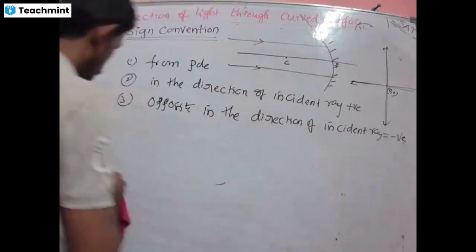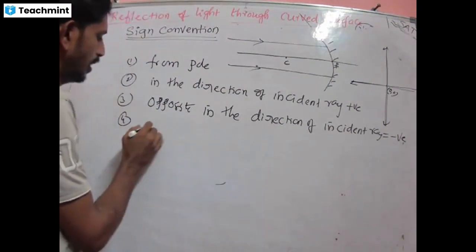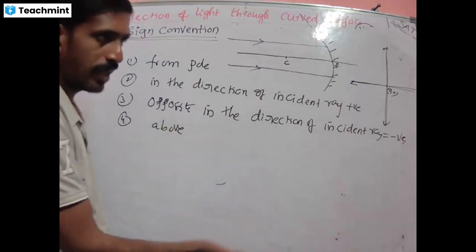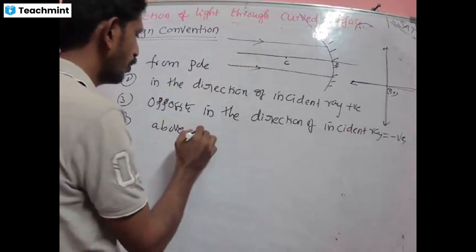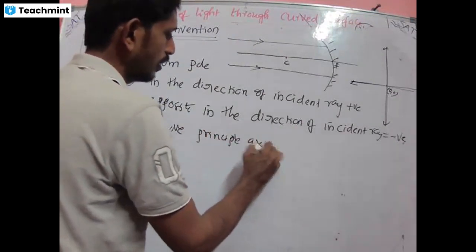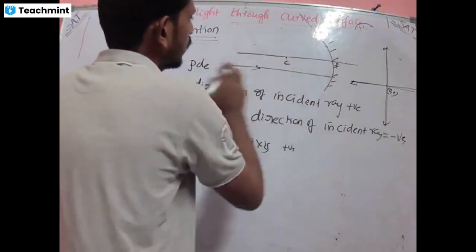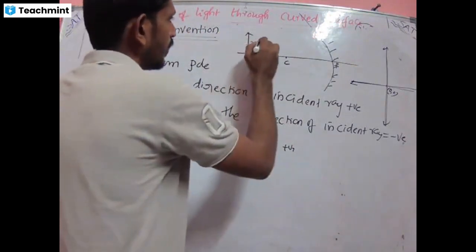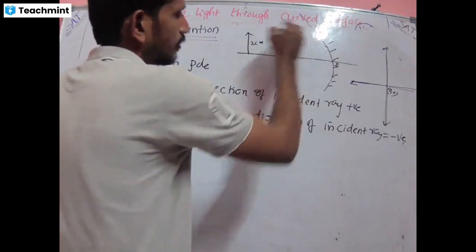Next sign convention. If you measure the height of the object above the principal axis, that is taken as positive. For example, this is my height of the object, 2 centimeters, so we take plus 2 centimeters.